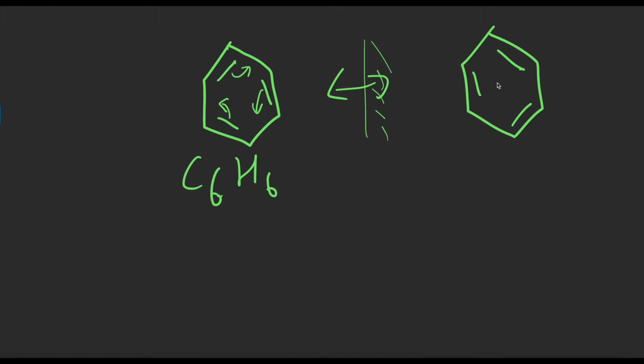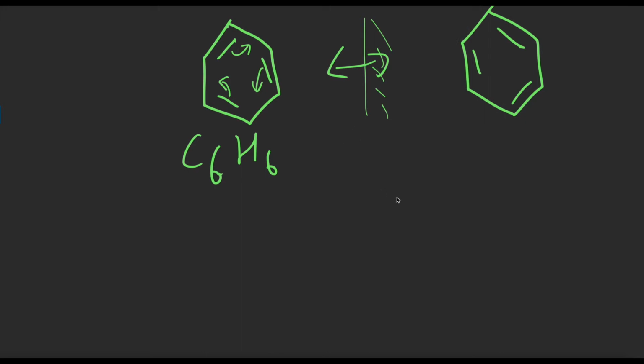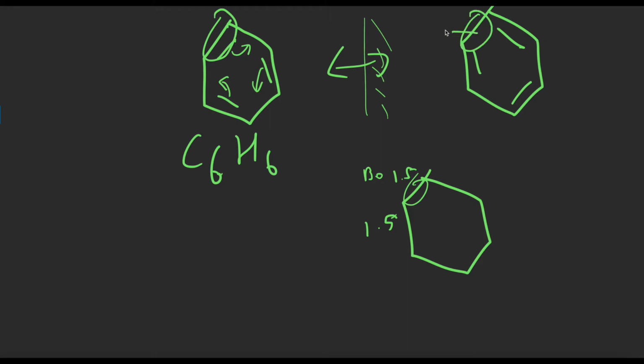And if you see, these two are equally stable. And so in the main compound, like how benzene appears in the surroundings, benzene has a bond order of 1.5 in each bond, because if you look at this bond, these both are corresponding bonds. This one has 1 and this one has 2 bond order.